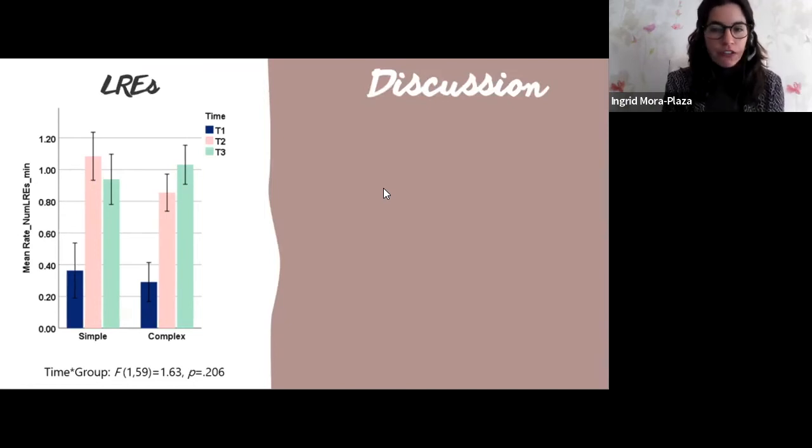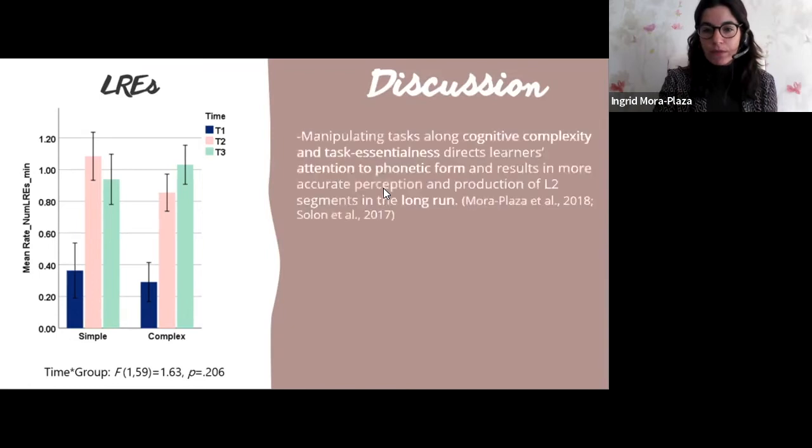No significant differences arose between simple and complex group between time 1 and time 2, meaning that they more or less engaged in the same number of LREs by minute, but the complex group kept producing more at time 3, suggesting that as time went by, they were still focusing a lot on phonetic form, and they were aware of these pronunciation challenging features.